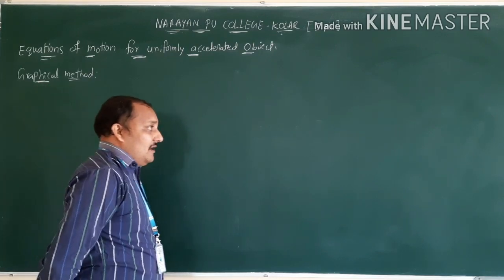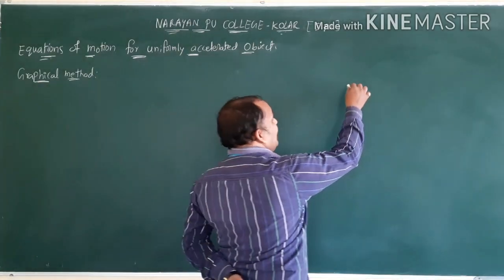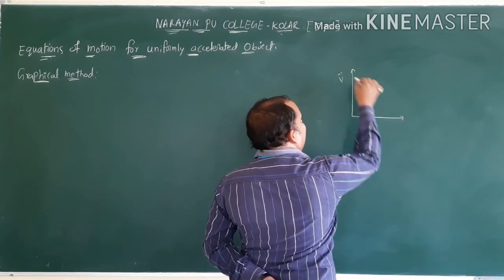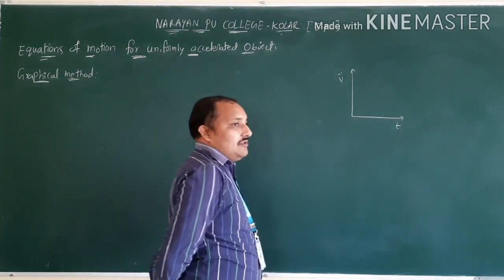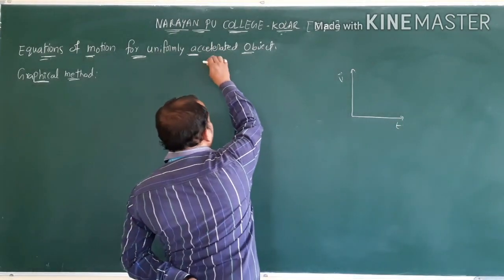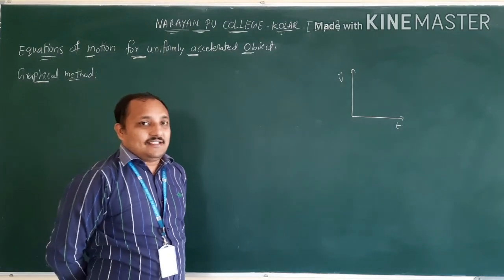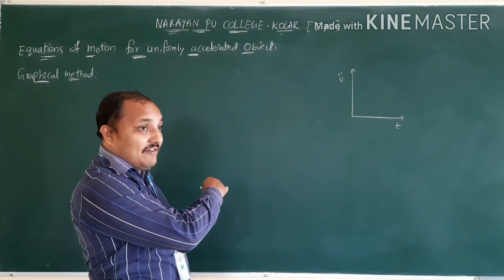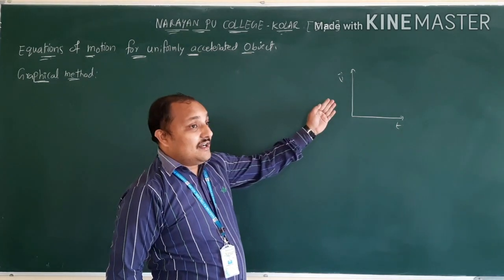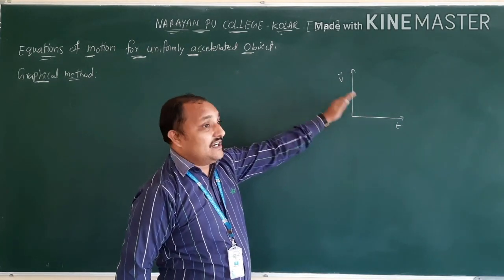For those, you can just recall. So this is velocity time. How is the object moving? With uniform acceleration. Now only we discussed: whenever an object is moving with uniform acceleration, what is the nature of the velocity time graph?